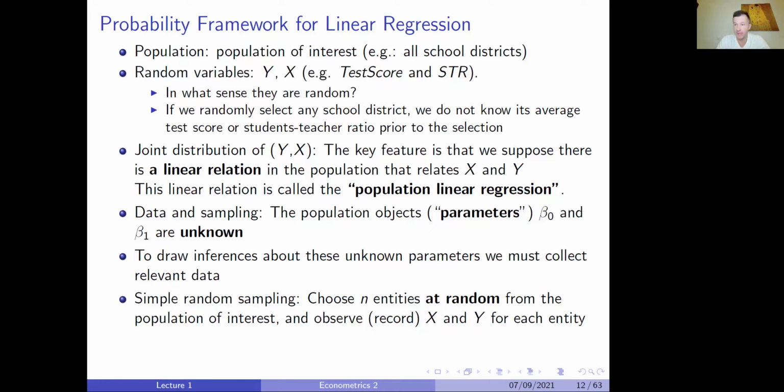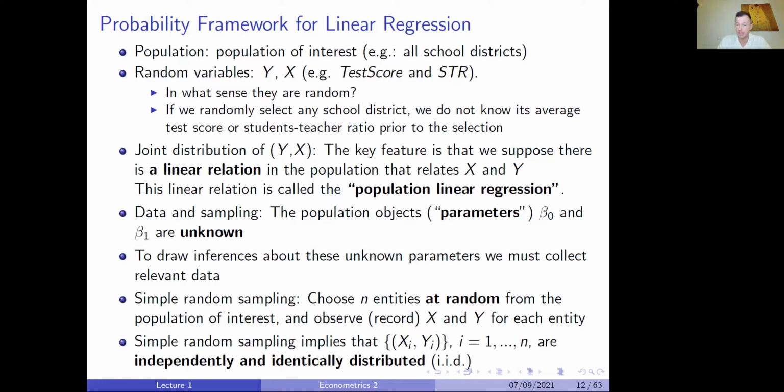We need to choose n districts, n entities, at random from the population of interest. So among a lot of school districts, we randomly select n, say 100, 200, 300, 400, 500 school districts. And we need to observe x and y for each entity, to have the outcomes of these random variables.